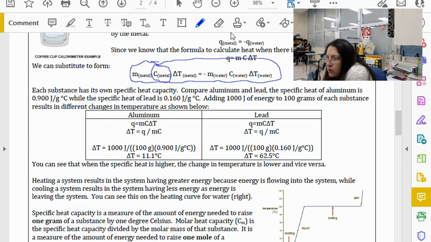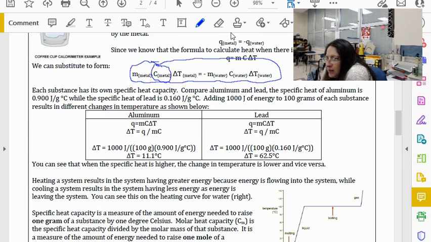You have your change of temperature for your metal. So it goes from 100 degrees down to maybe 28, 29 degrees. You have your water, and you have a negative value here to balance this out, okay?